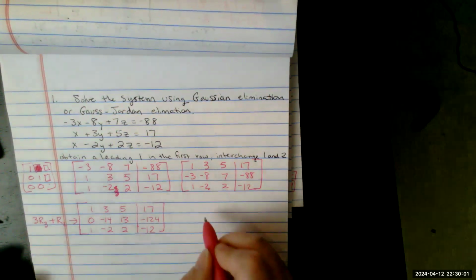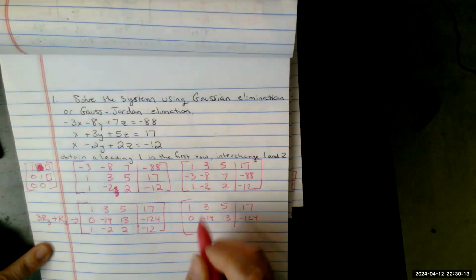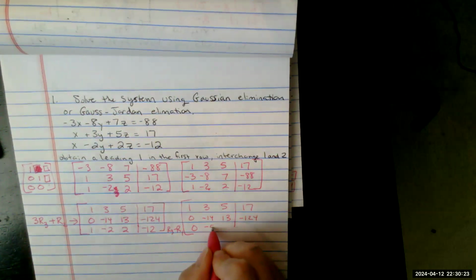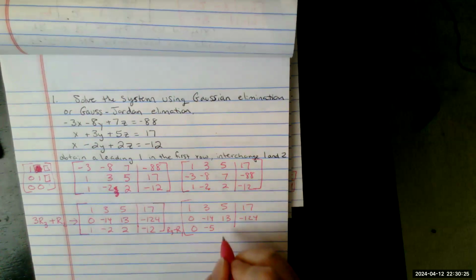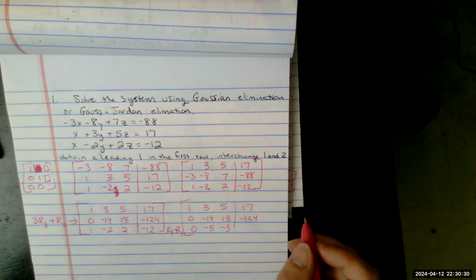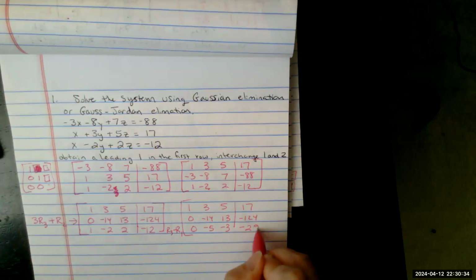So I'm going to leave row 1, leave row 2, and do R3 minus R1. So 1 minus 1 is 0. -2 minus 3 is -5. 2 minus 5 is -3. And -12 minus 17 is -29.